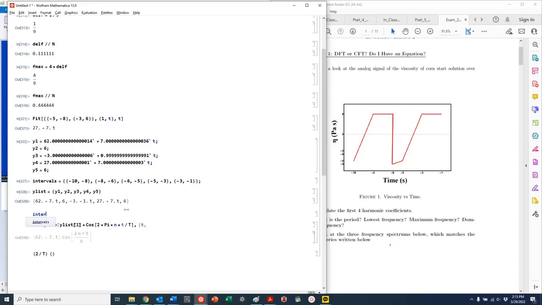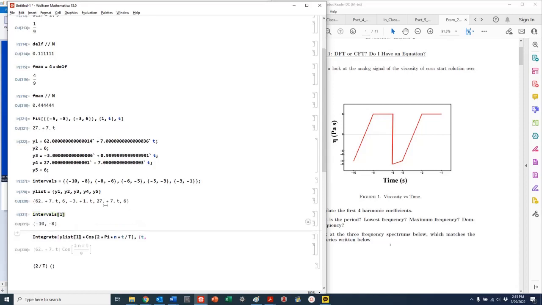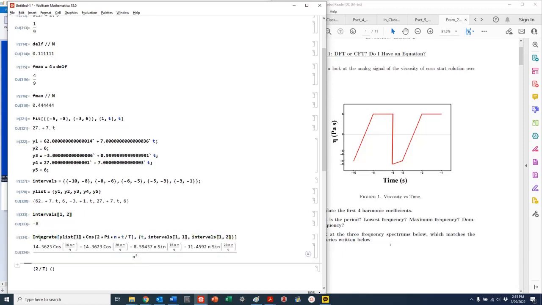I'm going to pull out my intervals: intervals 1, 1 to intervals 1, second value here. And then get that value.